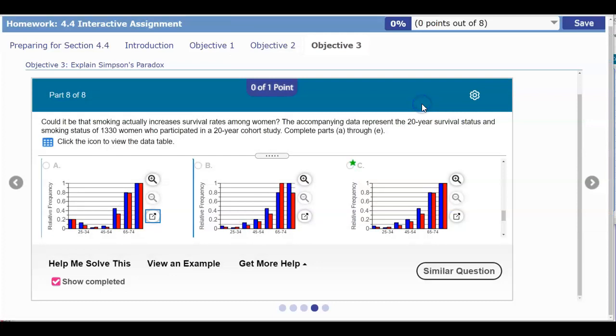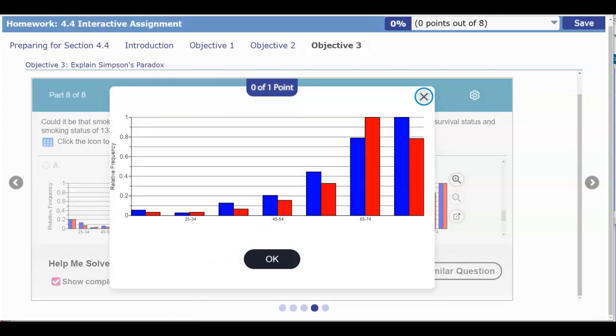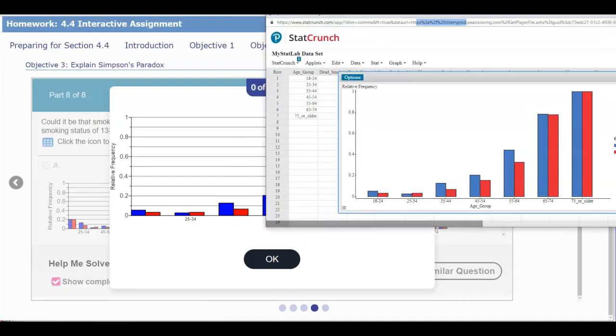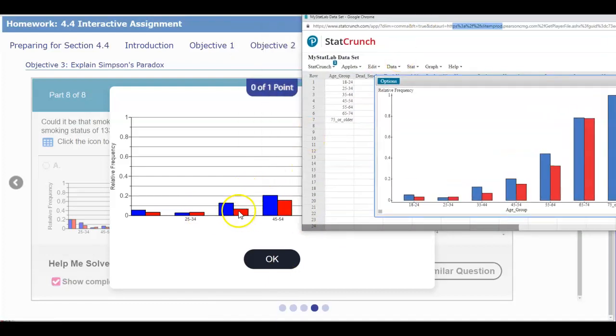So we can stop there. And over here, likewise, we can see that it's the same for this one. It's pretty close here, and it might match here, same thing here.